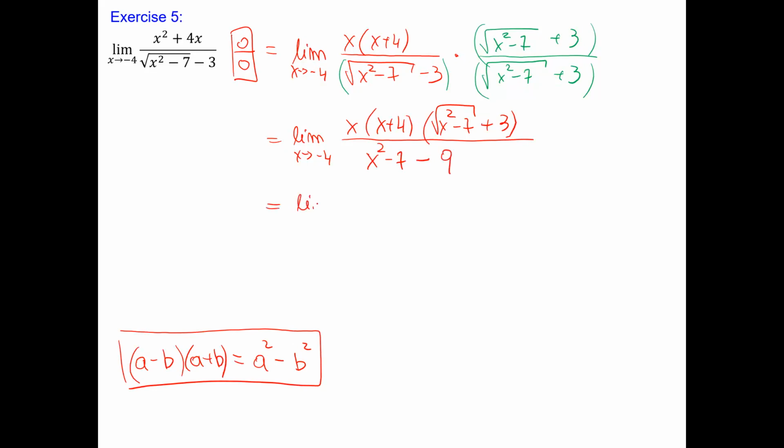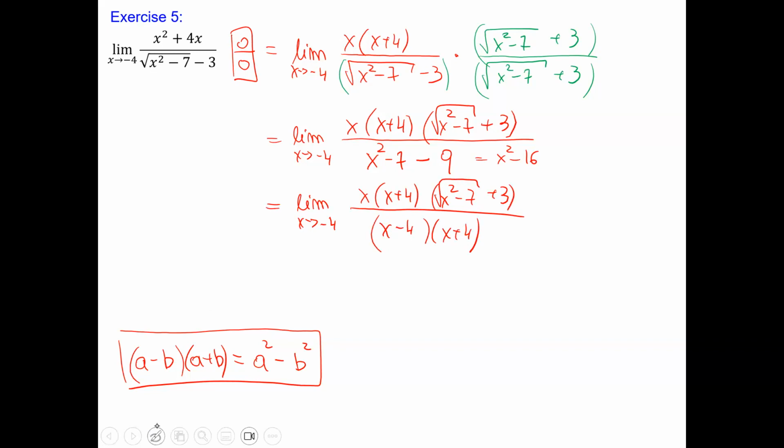Okay, let's see what we have, because we're looking for some common factor to be cancelled out. x squared minus 7 minus 9 is actually x squared minus 16, and I can factor it as x minus 4 times x plus 4, and we nicely see the common factor, and that's actually the 0, because -4 plus 4 is 0.